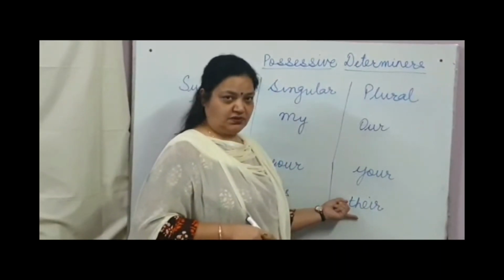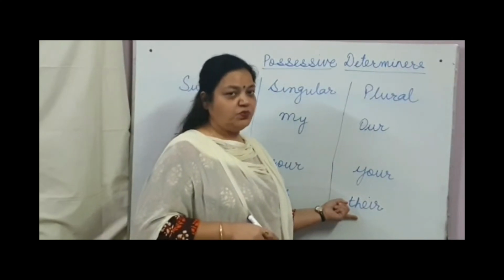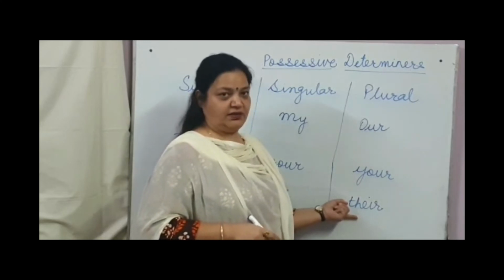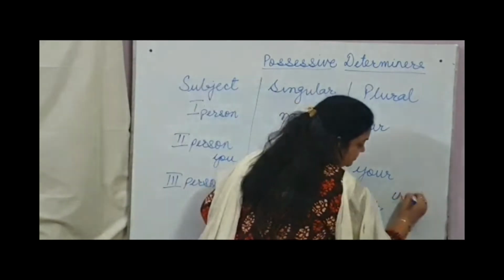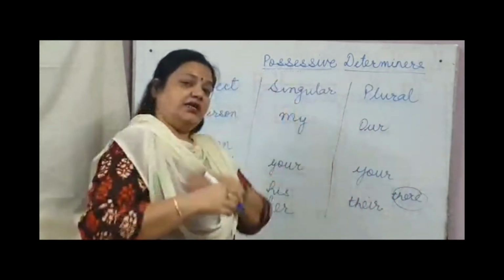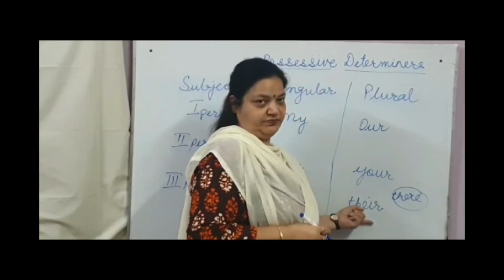With their, children, I would like to point out a major mistake that we generally make, and most of the time we make, and it is to write the word THERE in place of THEIR.